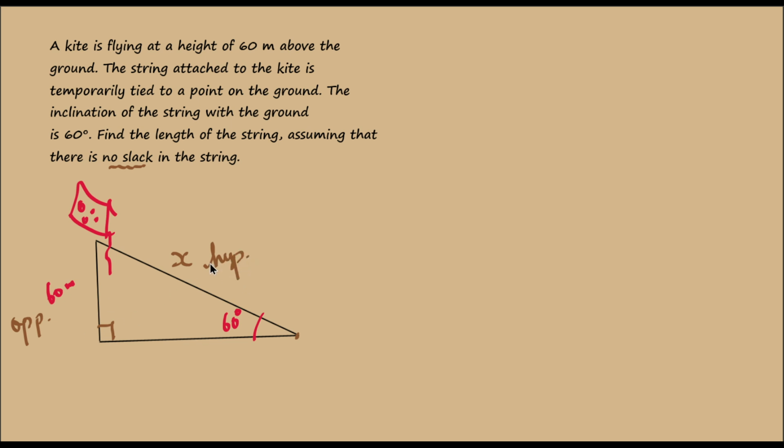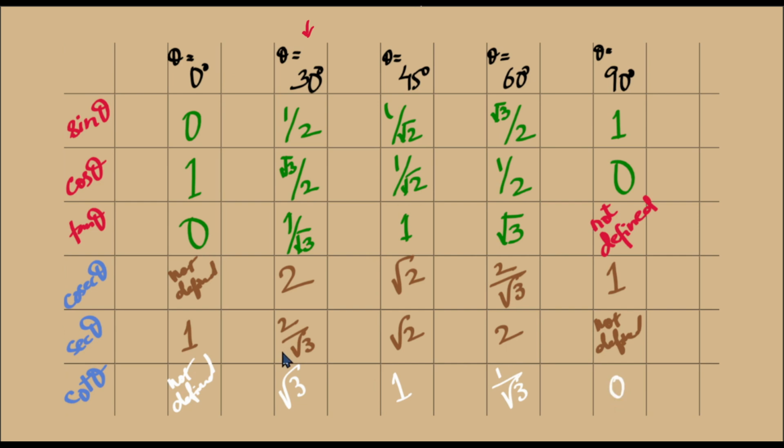Now, which is the trigonometric ratio which involves the opposite and the hypotenuse? Can it be sine? Yeah, sine of 60 degrees, or sine of any angle actually, is equal to the length of the opposite side of 60 degrees by the hypotenuse, right? And what is the trigonometric ratio sine 60 degrees?